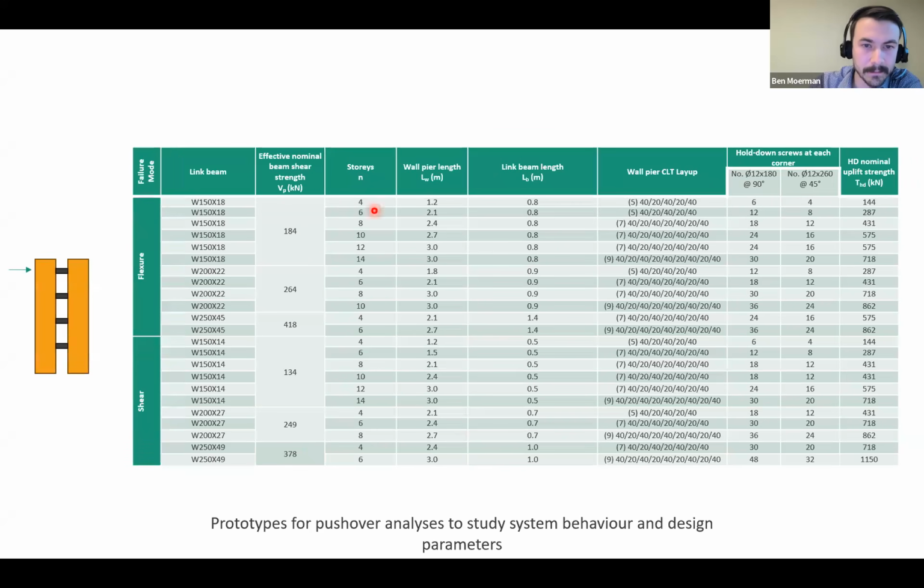A range of different stories from 4 up to 14 stories, some different link beams, different wall pier lengths. And we were basically comfortable that these systems are proportioned reasonably well and should perform okay.